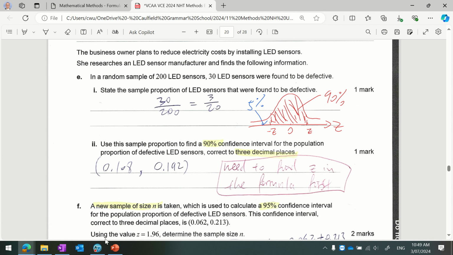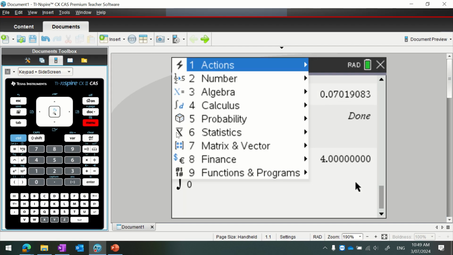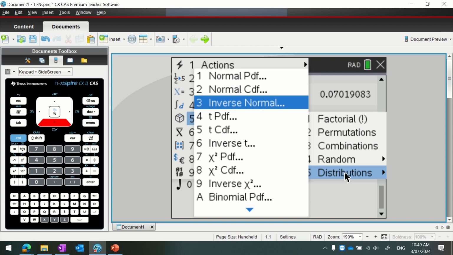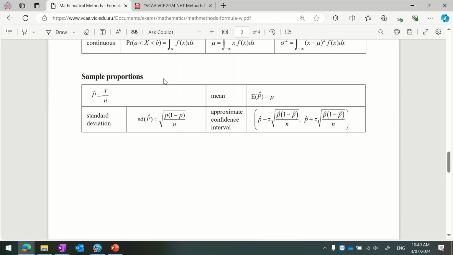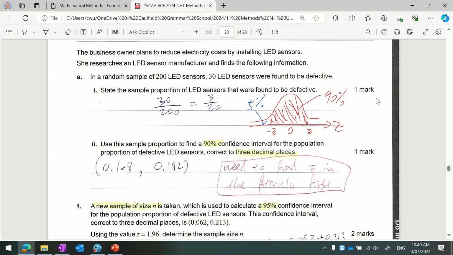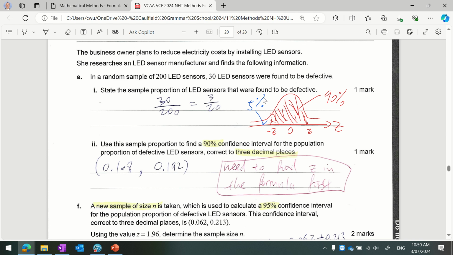So to find z in the formula here, you need to use the calculator's probability distribution, inverse normal, and the area is 0.05, because you need to know how to use the calculator. The calculator inverse normal function, you need to input some left-hand area.